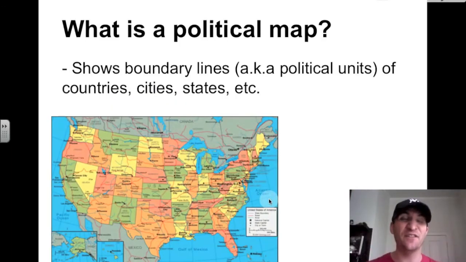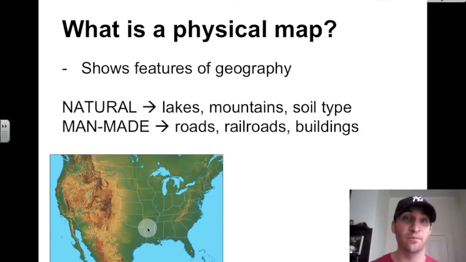Let's step back and define some basic terms about maps. What is a political map? An example is here of the United States. A political map shows boundary lines, aka political units of countries, cities, states, etc. What is a physical map? A physical map shows features of geography.